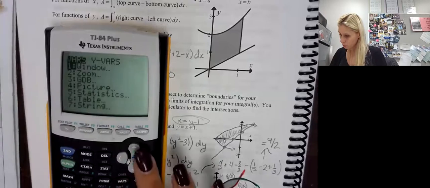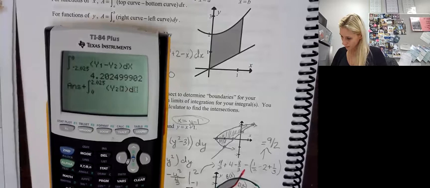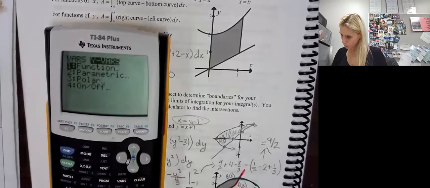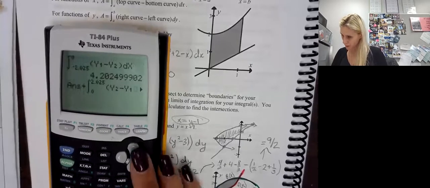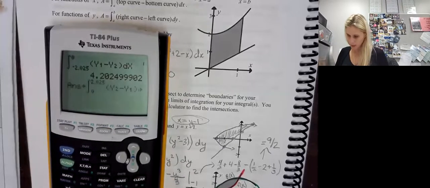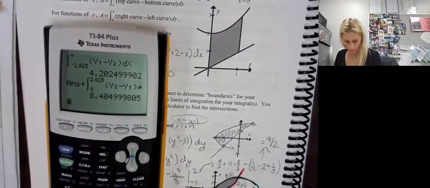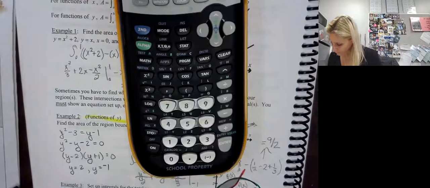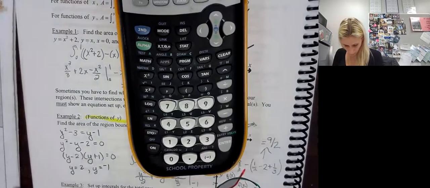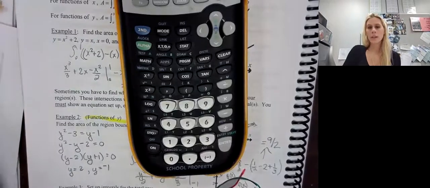We're going y2 minus y1, also dx. And we enter, and there is our value. So our area is 8.405. Awesome. Now try some practice.